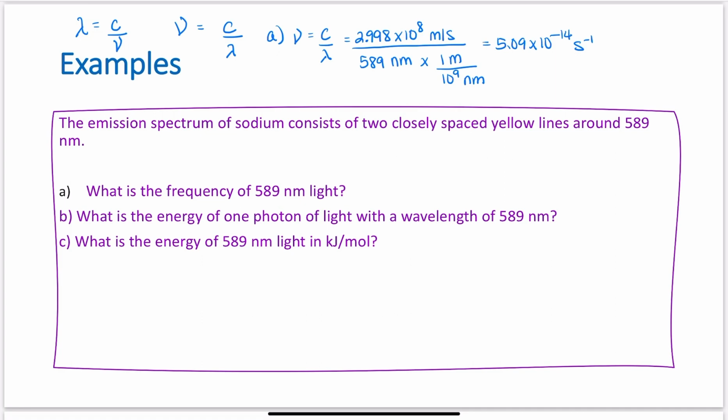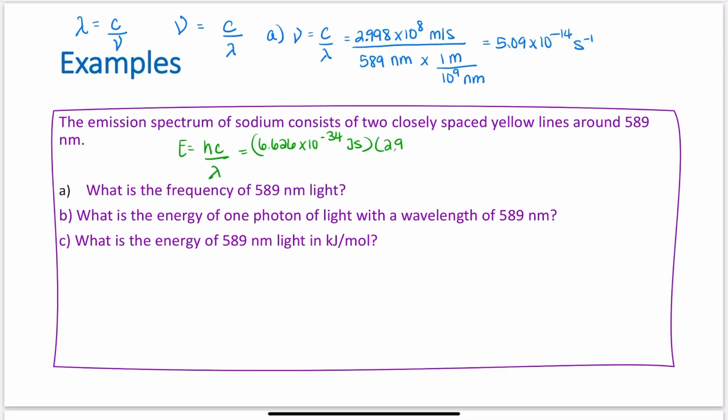Looking at B, what is the energy of 1 photon of light with a wavelength of 589 nanometers? Okay, I know energy is equal to hc over lambda. I know h is Planck's constant, 6.626 times 10 to the minus 34th joule seconds.